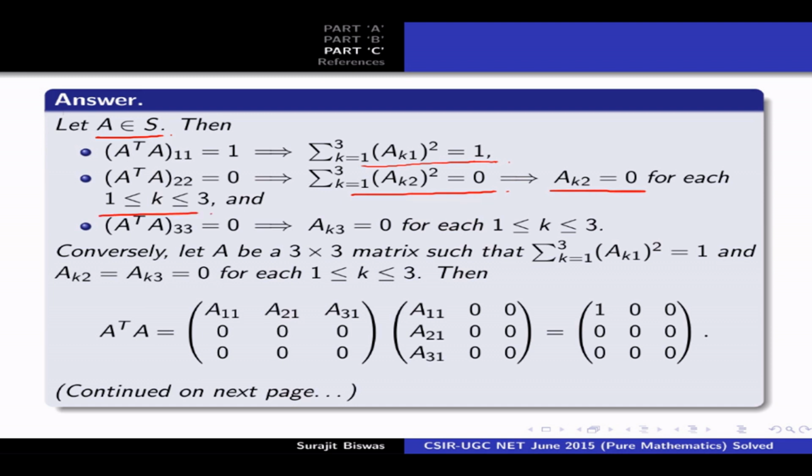The third one is (A transpose A) 3 3 equal to 0, which similarly as in the previous case implies ak3 equal to 0 for each 1 less than or equal to k less than or equal to 3. Thus if A belongs to S, then we have these three relations. One is this, second one is this, and this.